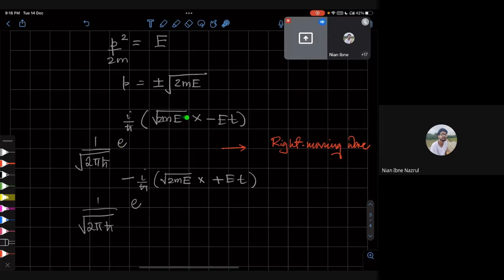So you want to follow a constant value of the argument as t increases. As t increases, for this argument to be constant, x must increase, right? And when x increases, you're going to the right. Similarly, for this guy, when t is increasing, for this to be constant, x must decrease. Otherwise, the whole thing will increase, right? So this guy is representing a left moving wave, okay?